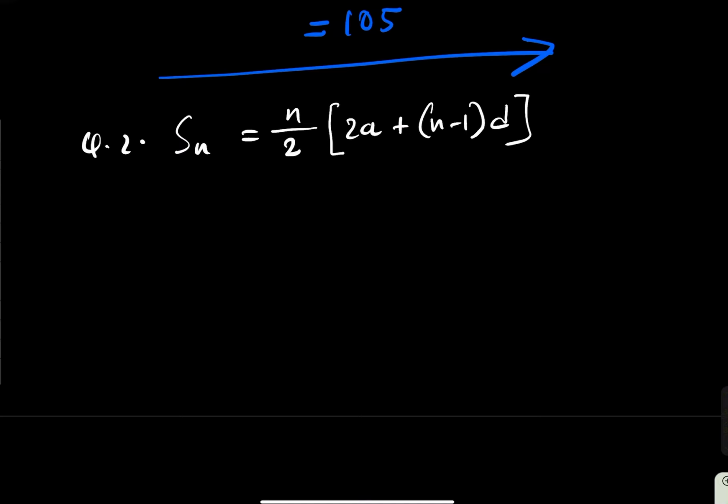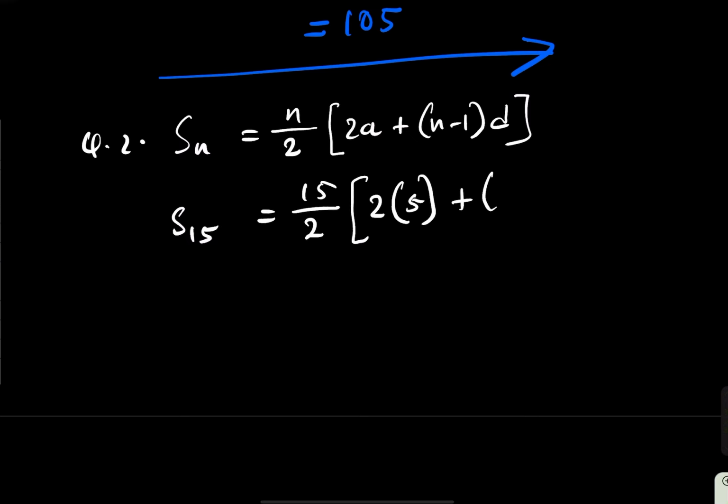So your n is 51 again. So you are going to write S51. That is equal to n, 51, divided by 2, into 2a. A is 5, plus n, it's 51, so this is 51 minus 1 there.